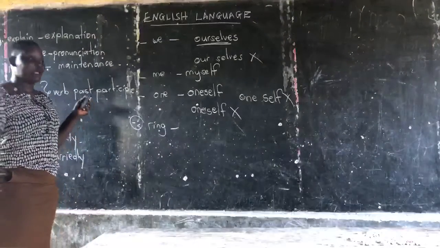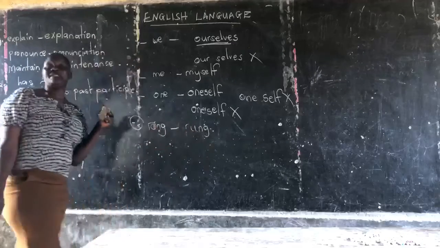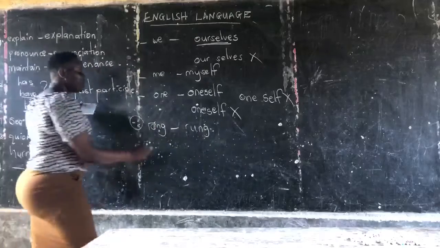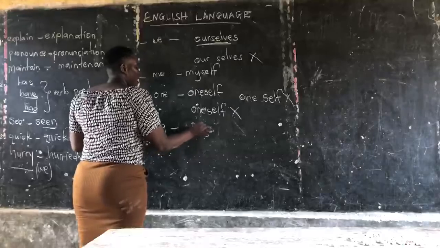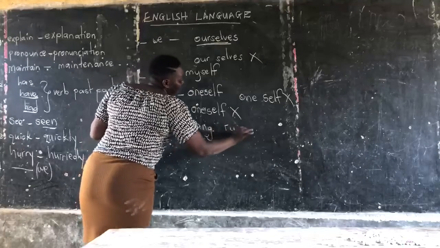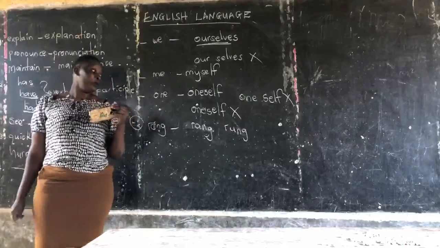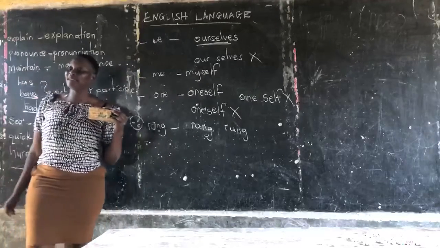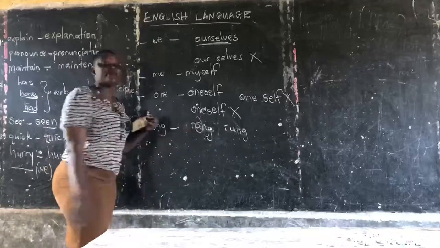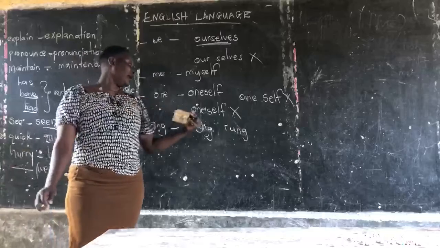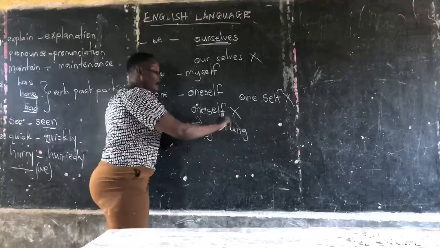We normally change I to U. Ring takes rang for the past simple and rung for the past participle. How do we differentiate them? We differentiate them by letters. Rang for the past simple takes a, then rung for the past participle will take u.